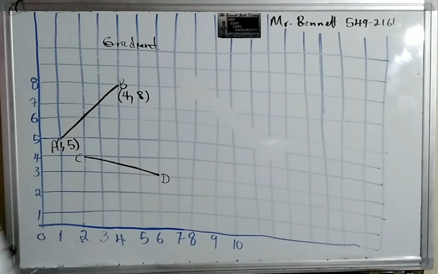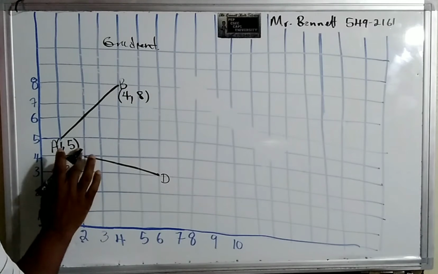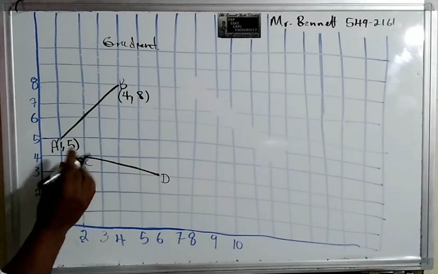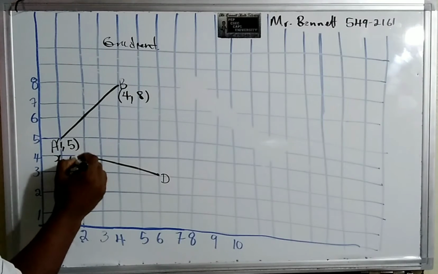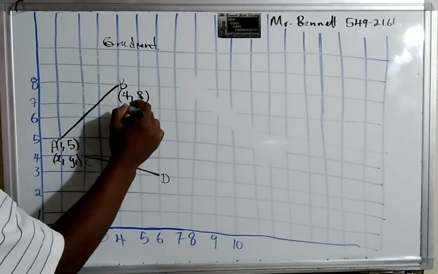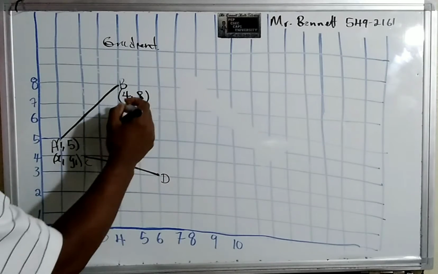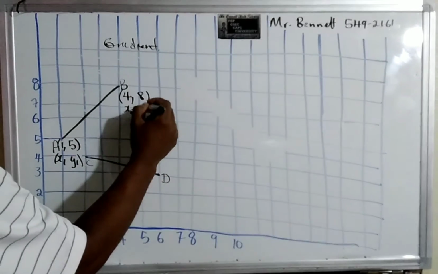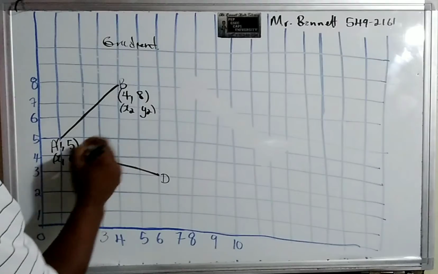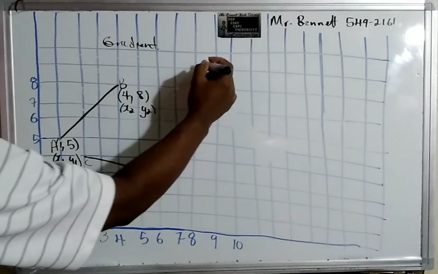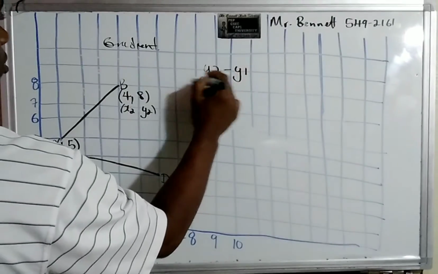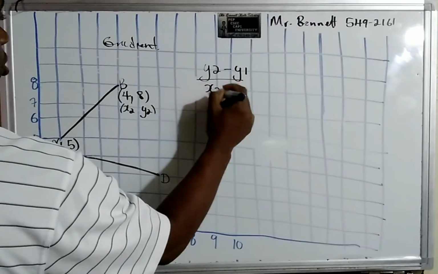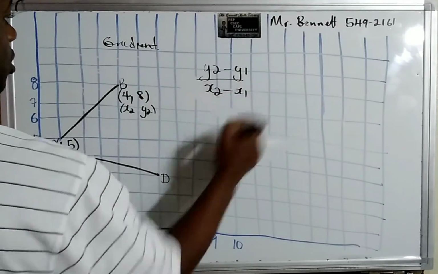So let us just put some perspective on it. We can call this x1, y1, because it's a point, so it consists of an x and a y. This would be x2 and y2. Now the change in y will be y2 minus y1, and x2 minus x1 is the change in x.